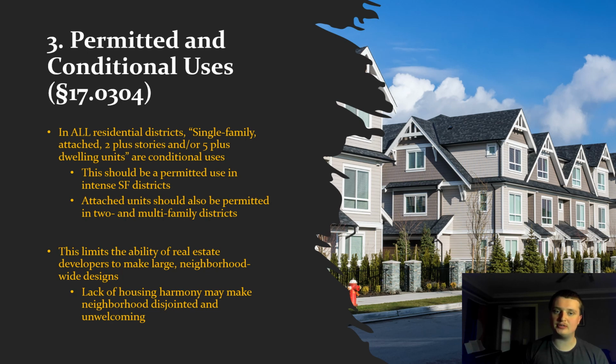Two-family, multi-family districts, attached dwelling units are also conditional uses. I think these should be permitted uses just to make it more attractive to potential developers inside the city, so they can make larger designs to make a lot of houses, as you can see in the picture.